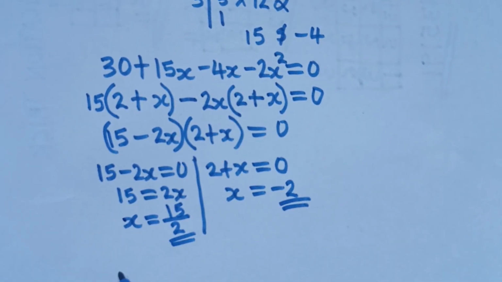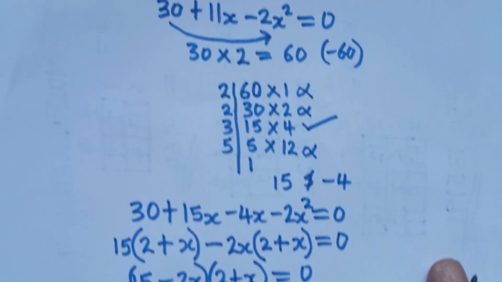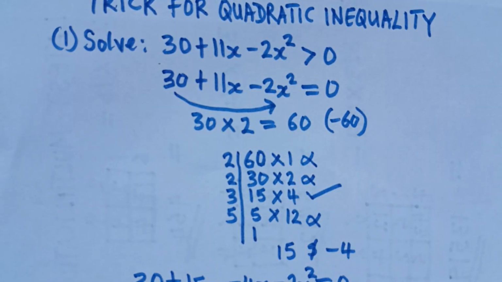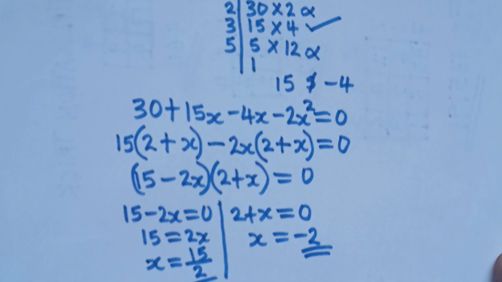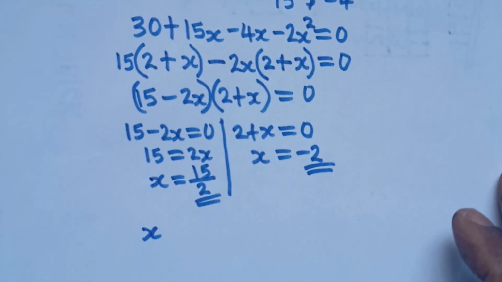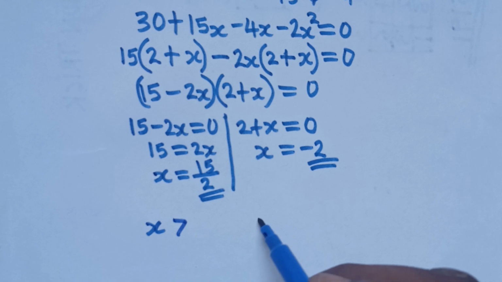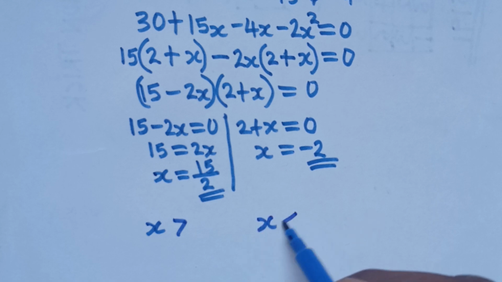So what I'm going to do, I'm going to say x1 will be greater than, don't forget in the question I have greater than as what is there in the question. So I'm going to put one value of x as greater than, and then the other value of x as less than.